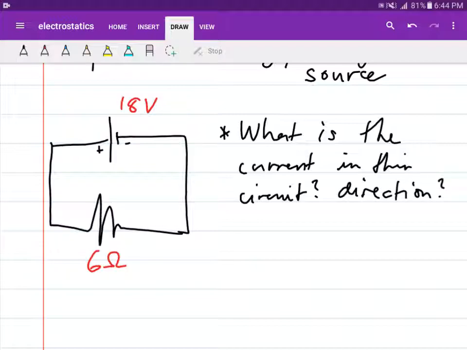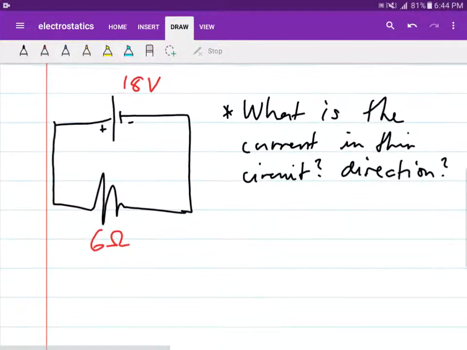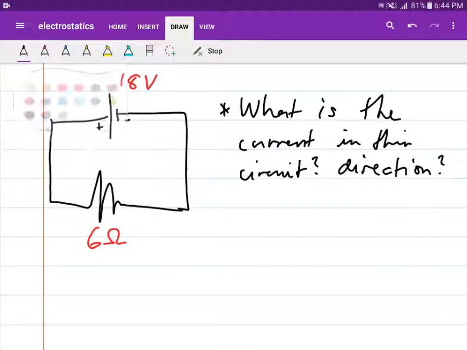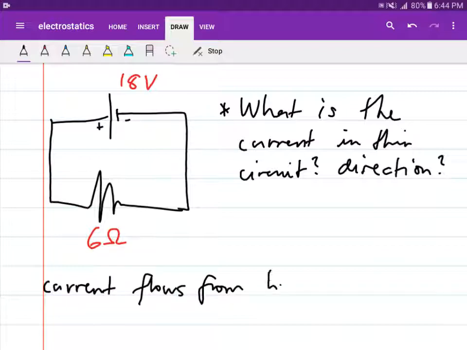So recall previously that when we talked about currents, we said that they flow from high potential, a flow of positive charges from high potential to low potential.